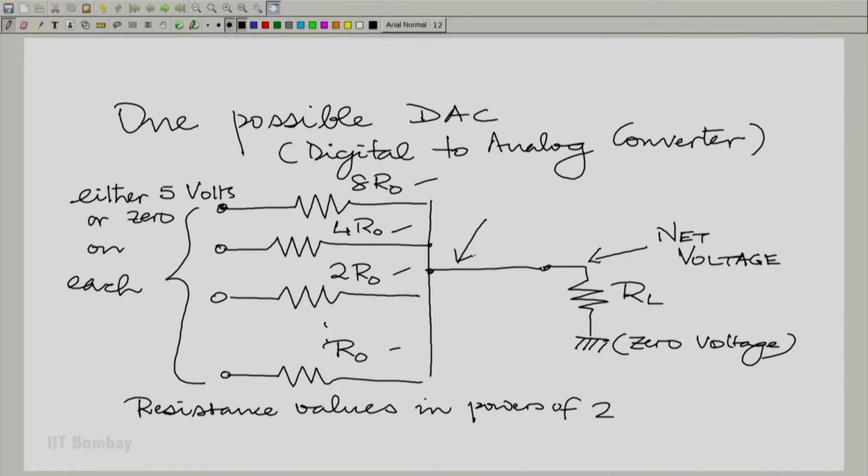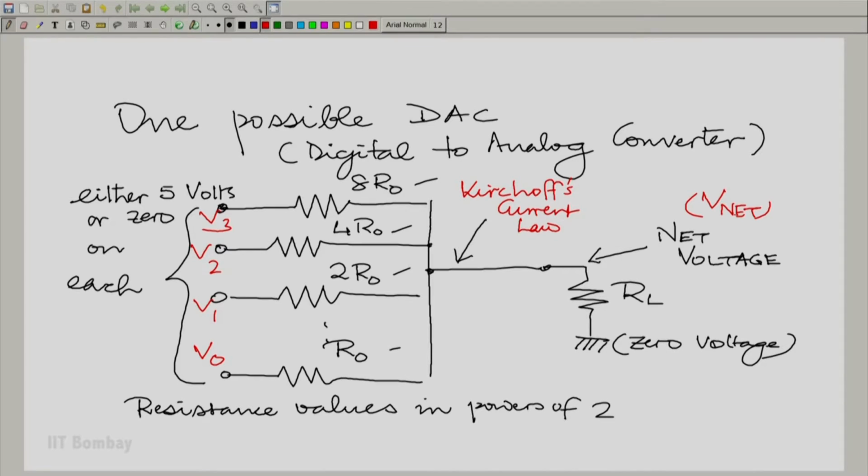Now, let us write the Kirchhoff's current law at this point, and let us call these voltages here. They are either 5 volts or 0. Let us call this voltage say V0, V1, V2 and V3, and the net voltage is V net. Let us write down the Kirchhoff's current law.